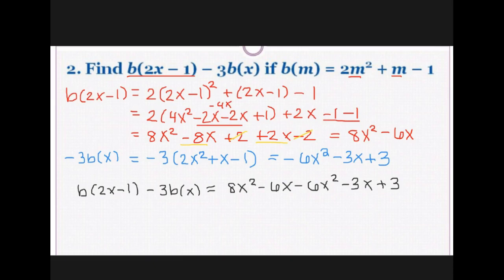And simplified, that is 14x squared minus 9x plus 3. Actually, it'd be 2x. Yes, thank you.